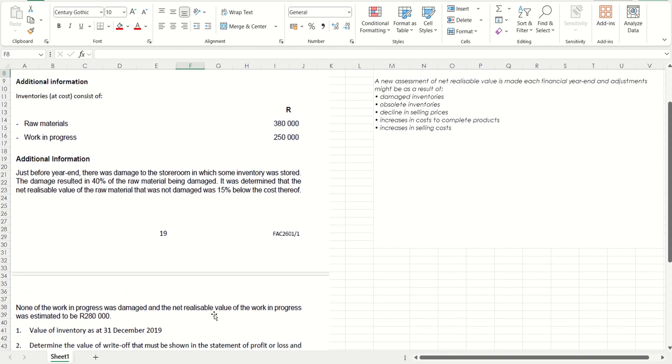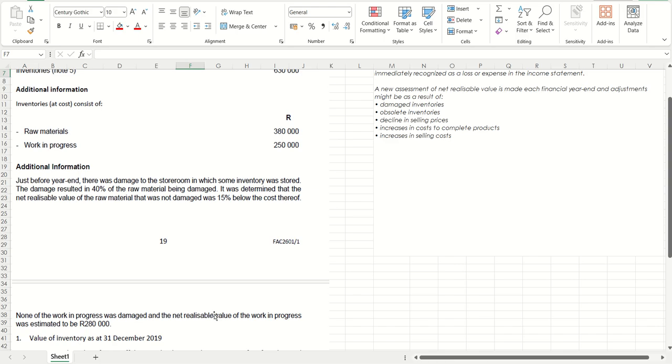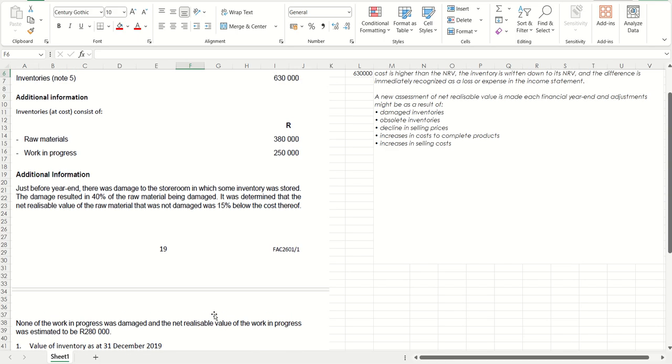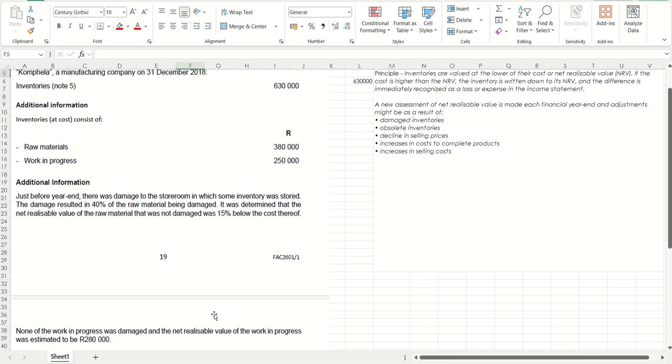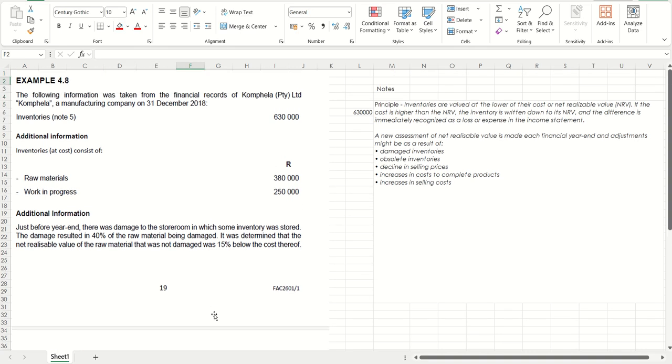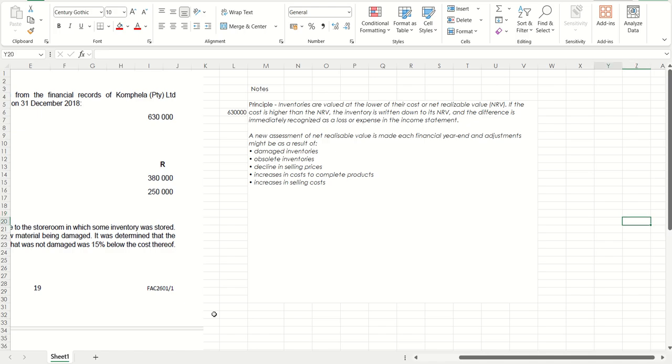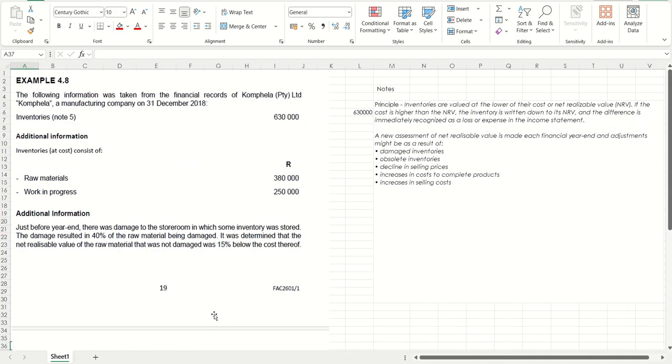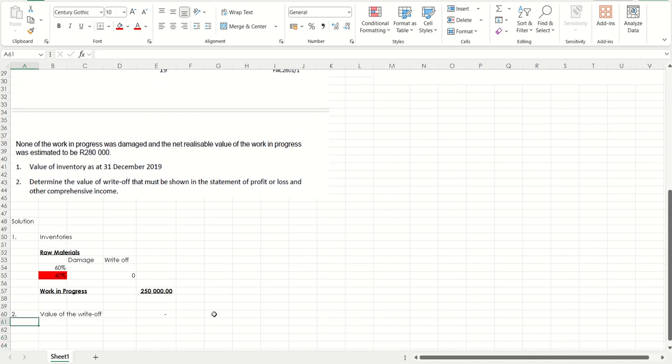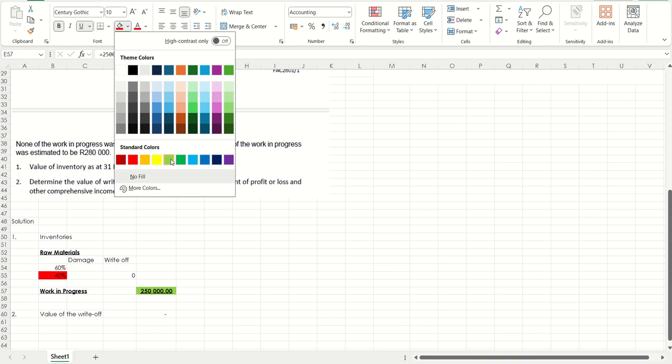They say none of the work in progress was damaged, so there was no damage, no trigger to write it down. And the net realizable value of the work in progress is higher than the cost, so we keep the cost of 250,000 for it. And then we're done, that aspect is done.